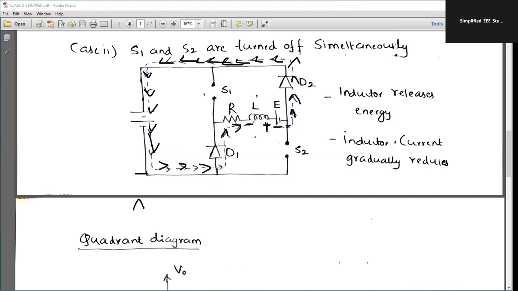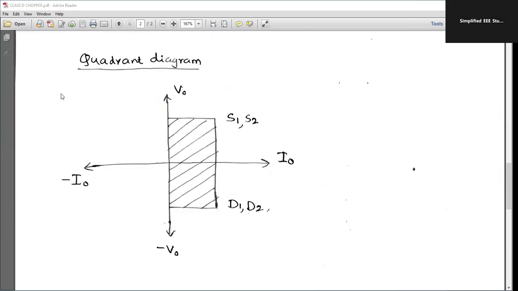This follows the law of energy conservation. The inductor releases the energy, and the inductor current will gradually reduce. Ramping down will take place, especially for the inductor current. So ramping up occurs when S1 and S2 are turned on simultaneously, and ramping down occurs whenever S1 and S2 are in off condition.